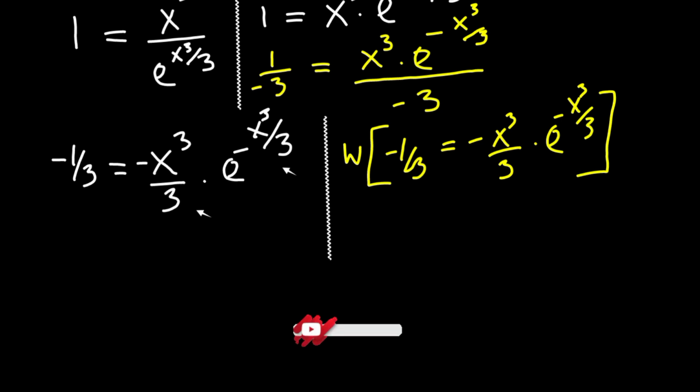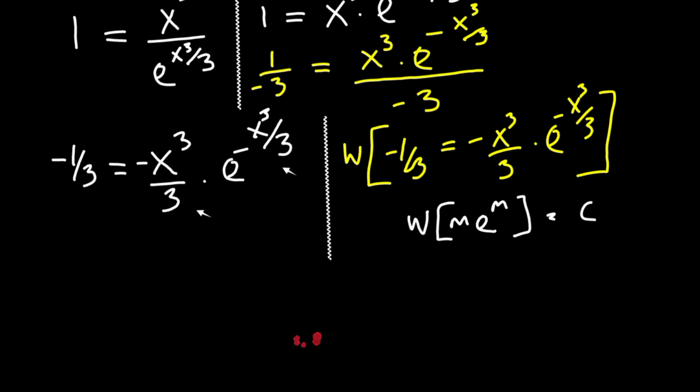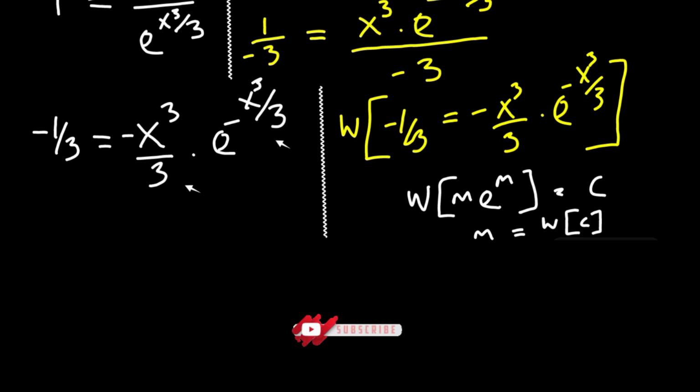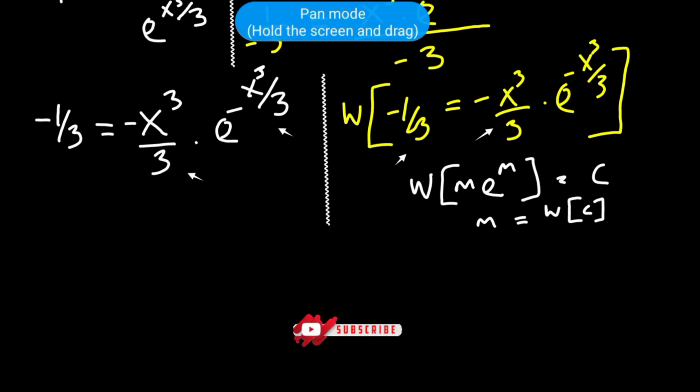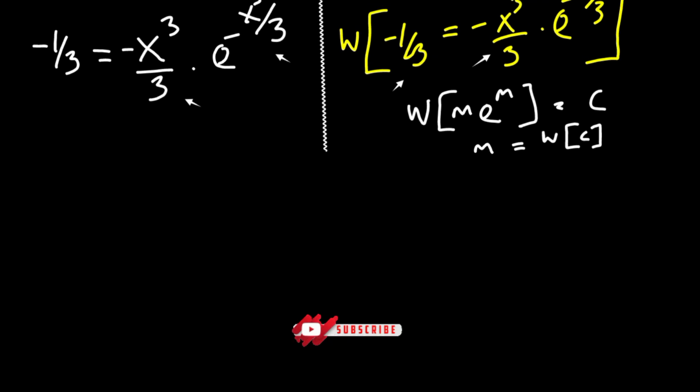And due to the property of the Lambert W function, we know that when you take the W function of an equation that has a form of m e to the power of m equals a constant or a number, then the value of m will give us the W function of that constant. But in our case, the m stands for minus x cubed over 3 and the constant stands for minus 1 all over 3. Therefore, we'll be applying this property to find our final answer.